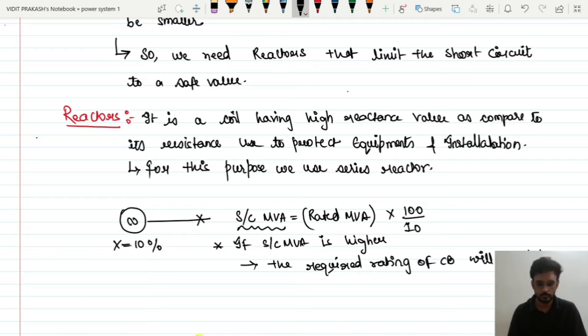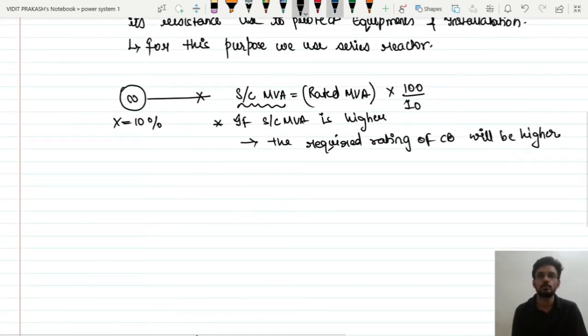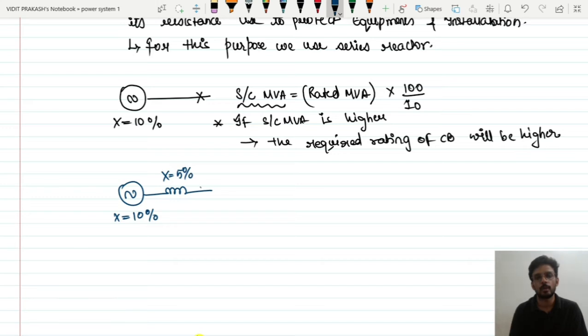Now suppose we use here a reactor whose reactance value is given as 5%, and a fault occurs at this point. Then short circuit MVA will be equal to rated MVA into 100 by percentage reactance. So total percentage reactance will be 10 plus 5, that is 15.